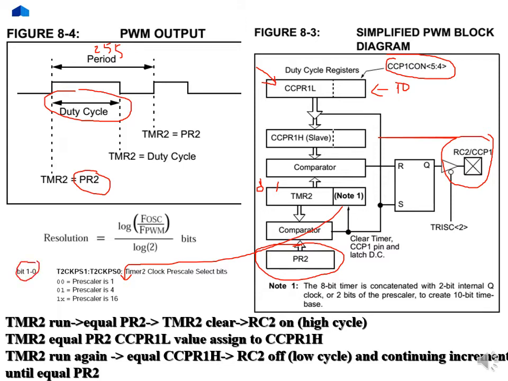If we set the bits here to 1100, that means the prescaler is 1, and it will then connect with the 2-bit prescaler to become a 10-bit register. So now Timer2 will be a 10-bit register. But remember that when it is compared with PR2, it compares just 8 bits, but when it is compared to the CCPR1H here, it will become 10 bits.